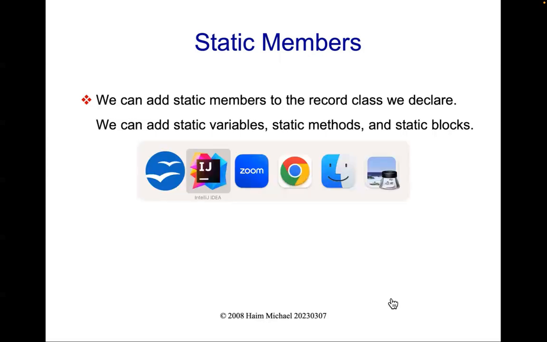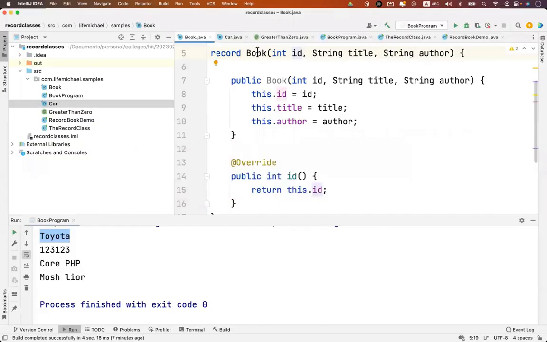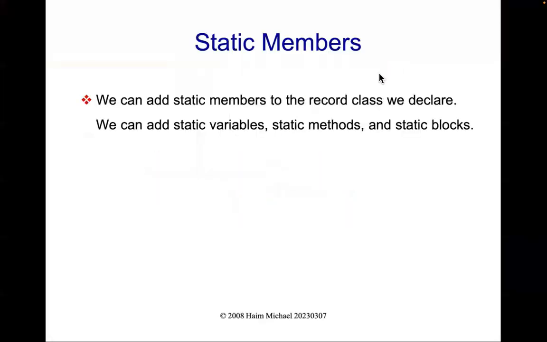Every object instantiated from a specific type that was defined as a record will have those fields that were included in the record definition, those fields as instance variables only. It is not possible to add new instance variables to the record we defined. Static variable, it's not a problem, but instance variable, it is a problem.